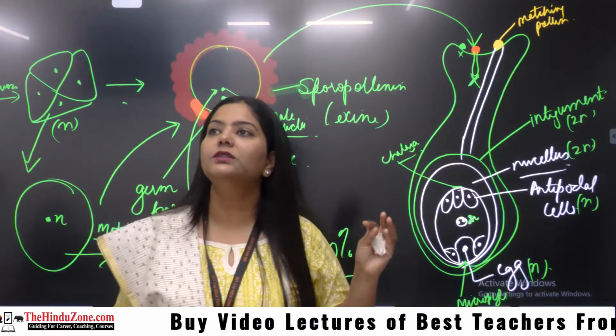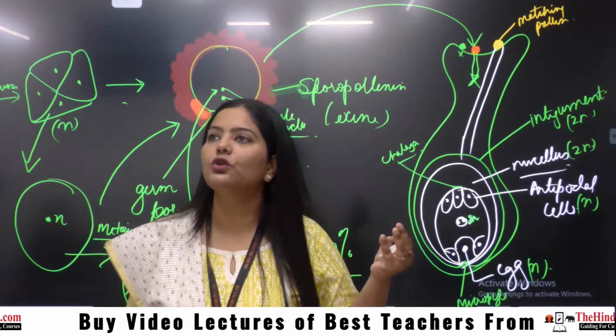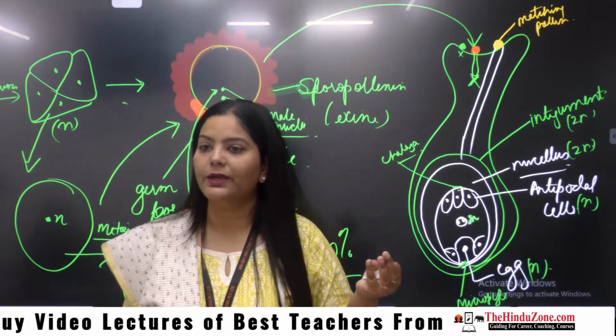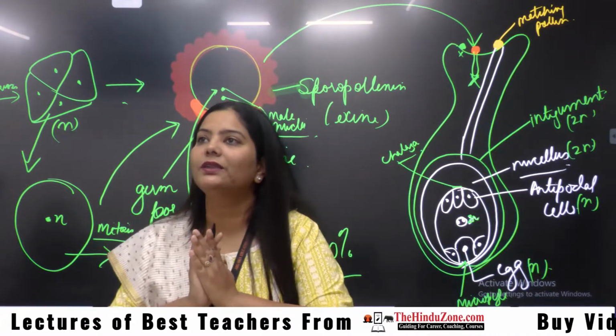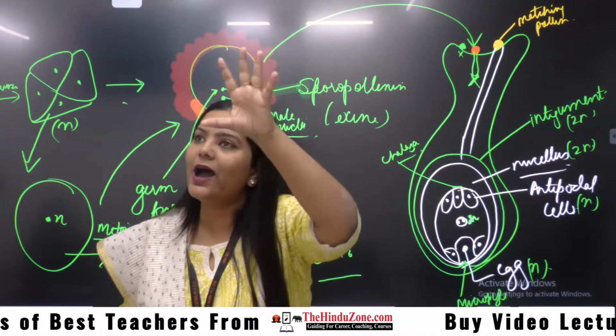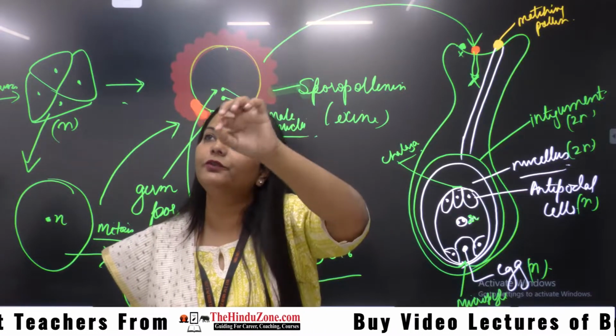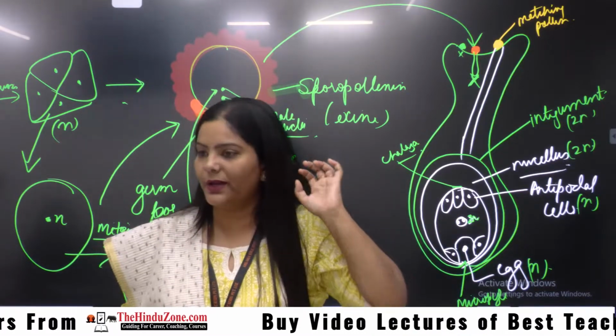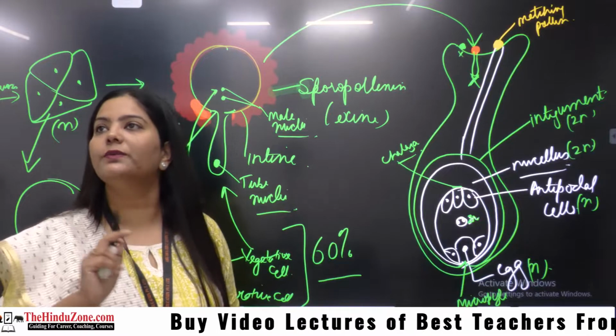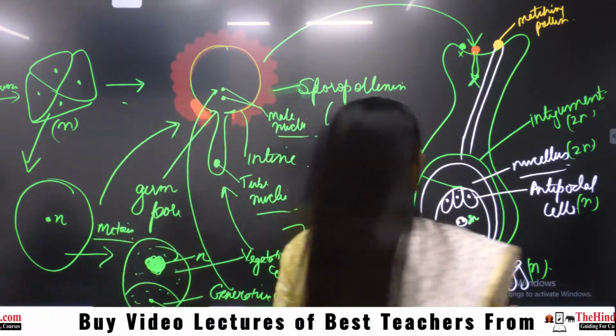There are 3 methods: porogamy, chalazogamy, and mesogamy. But whatever method they use, at a later stage they have to enter through the micropyle only. Entry into the embryo sac is from that point only.